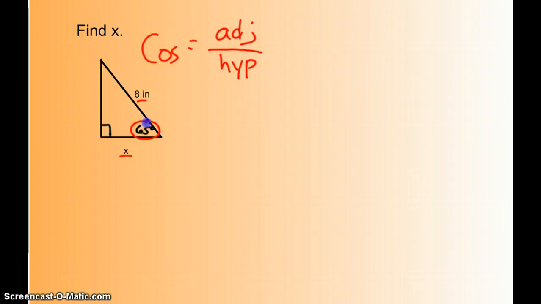You look at the information given to you and use that to write an equation that goes like this. We always take the trigonometric ratio, or the cosine in this case, of our angle is equal to its fraction that's associated with cosine, the adjacent side over the hypotenuse.